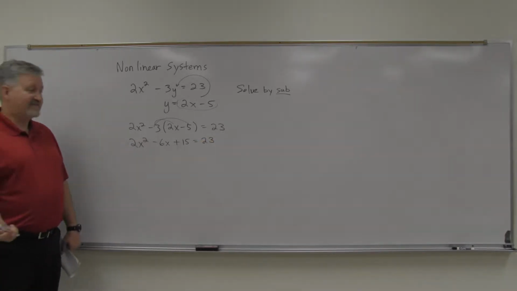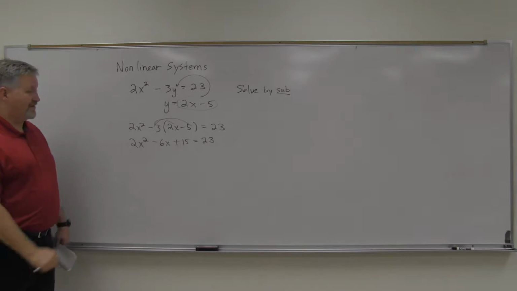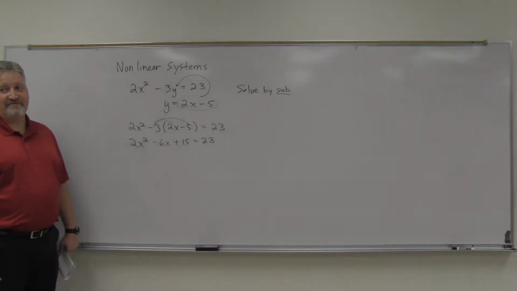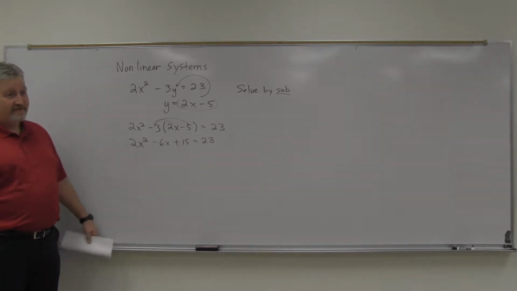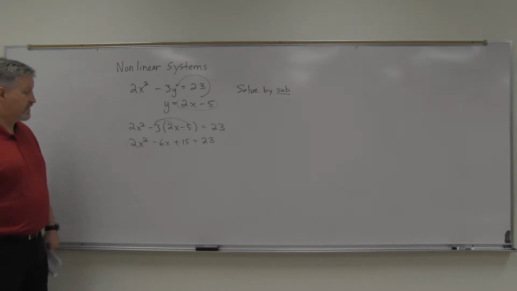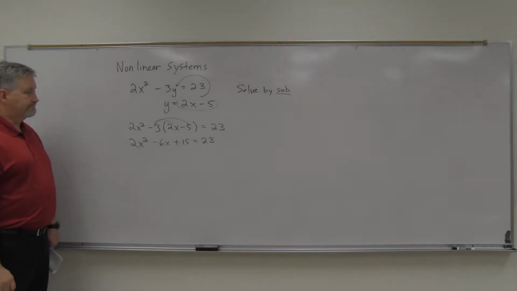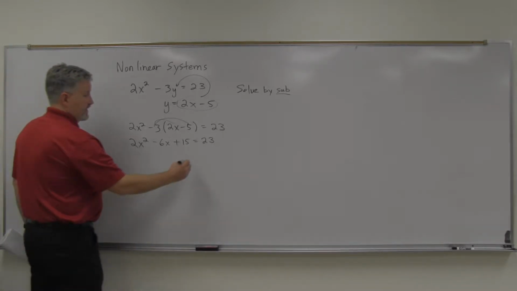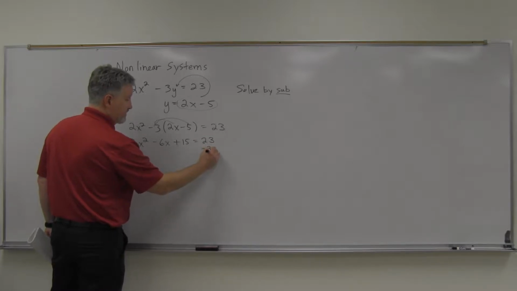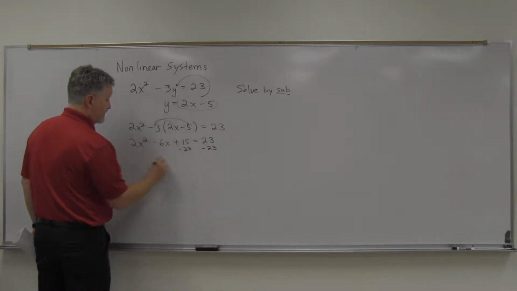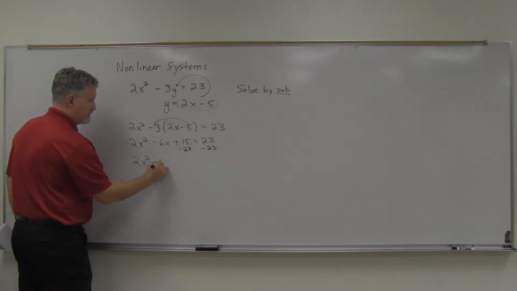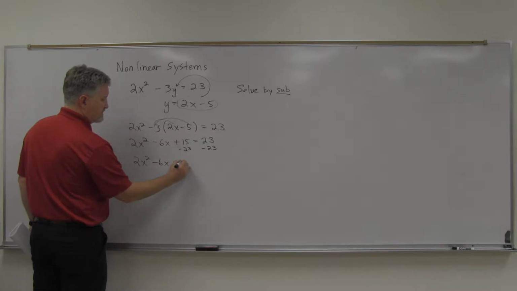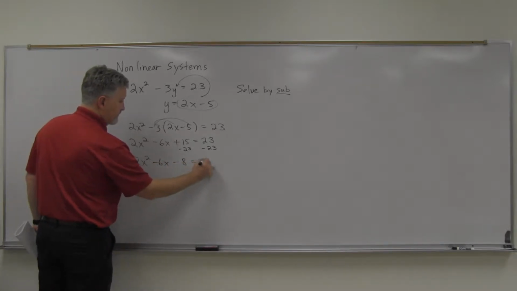Now, that sets up this equation to solve. What do we got to do to solve that? It's a quadratic, factoring or quadratic formula, possibly, if I don't exactly see the factoring. But yeah, this one looks like we need to make one side 0, don't I? Subtract the 23, make it 2x squared minus 6x minus 8 equals 0.